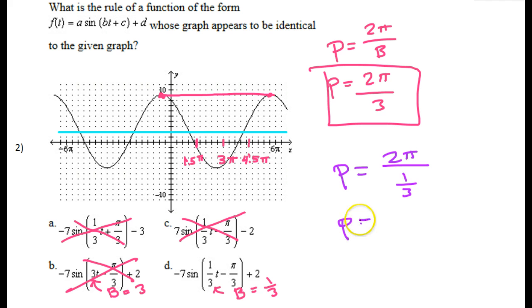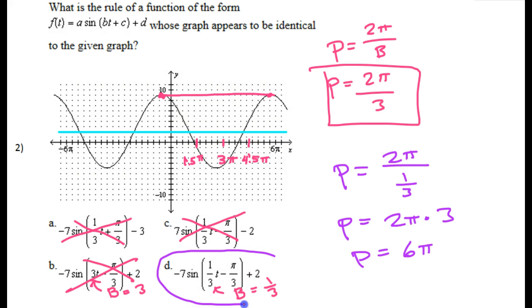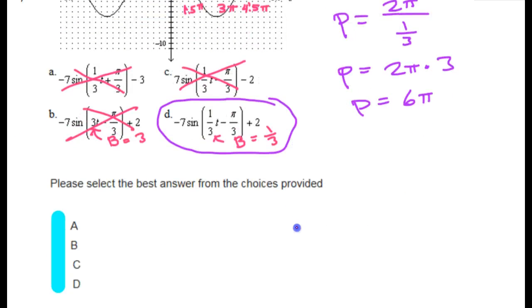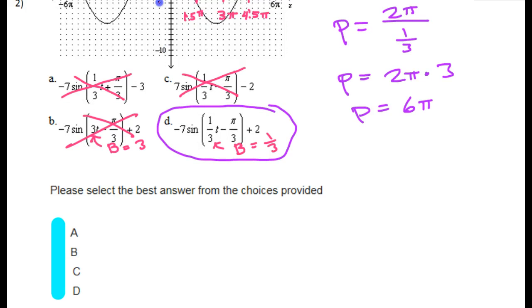And then if we multiply by the reciprocal, that would be 2 pi times 3, which in fact is 6 pi. And that's exactly what we were looking for. So it's definitely going to be D based on that. Let's go ahead and check the official answer. There you go.